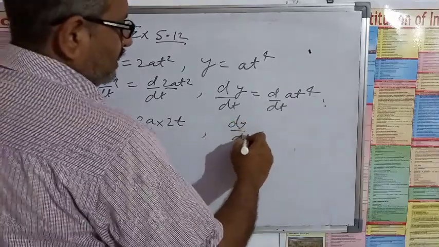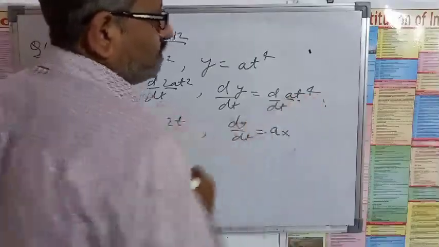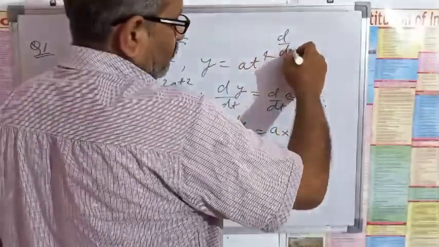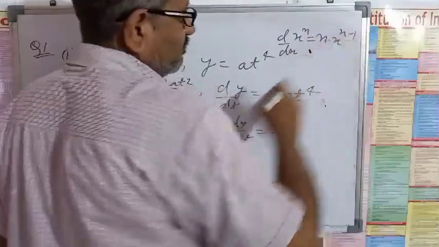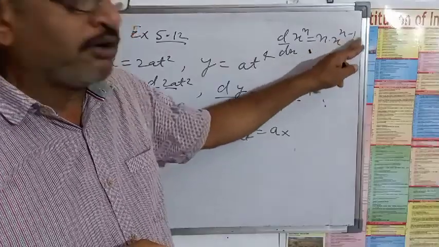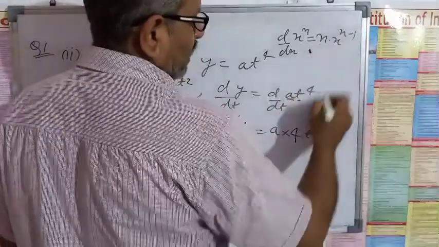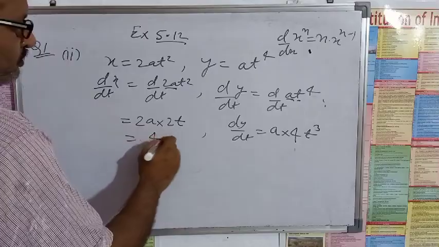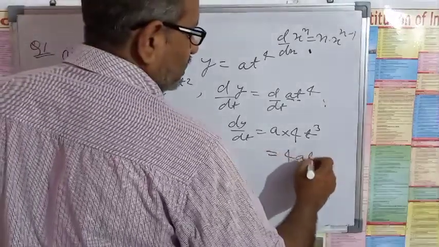And for dy by dt, a is constant and we need the derivative of t to the power 4. You can use the formula d by dx of x to the power n is n into x to the power n minus 1. So here 4 into t to the power 4 minus 1, which is 3. 2 into 2 is 4, so dx by dt is 4at, and dy by dt is 4at cube.